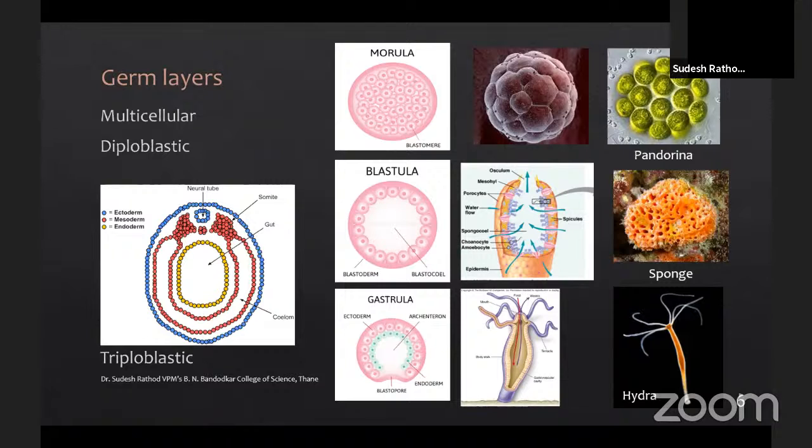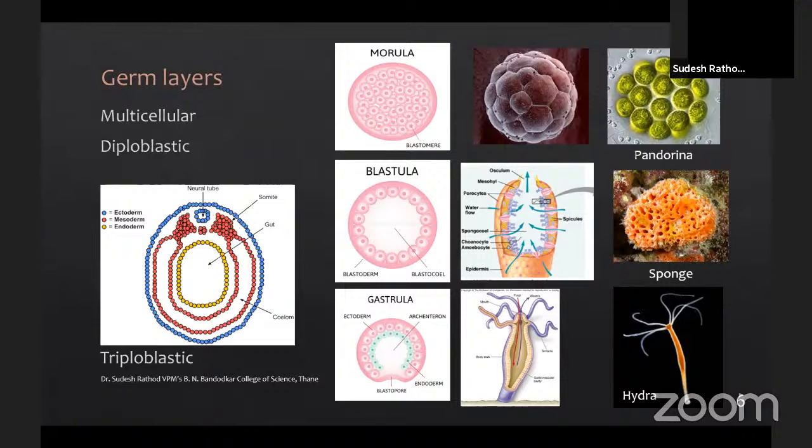If I give you two animals which you don't know, and I tell you to tell me which belongs to the Coelenterata phylum and which belongs to the Platyhelminthes phylum, we'll just take a section and find out whether the animal is three germ layered, triploblastic, or diploblastic. If the animal is diploblastic, you will say that this organism belongs to Coelenterata. And if it is triploblastic, you can easily say that this belongs to Platyhelminthes.